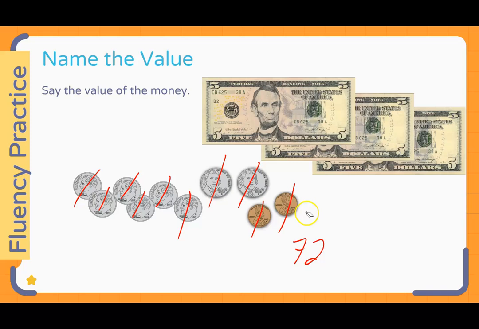I think I'm getting tired, guys. 72 cents. And then 5, 10, 15. $13.72.